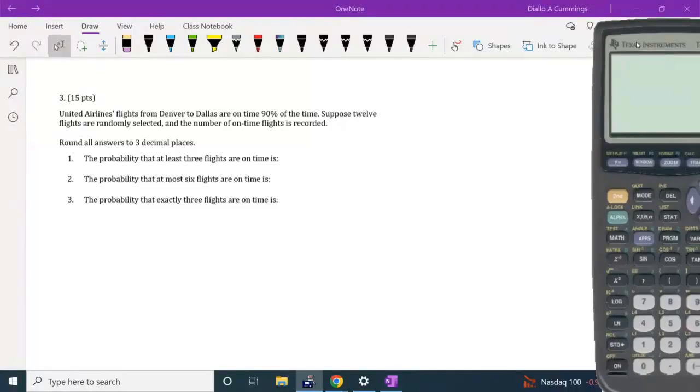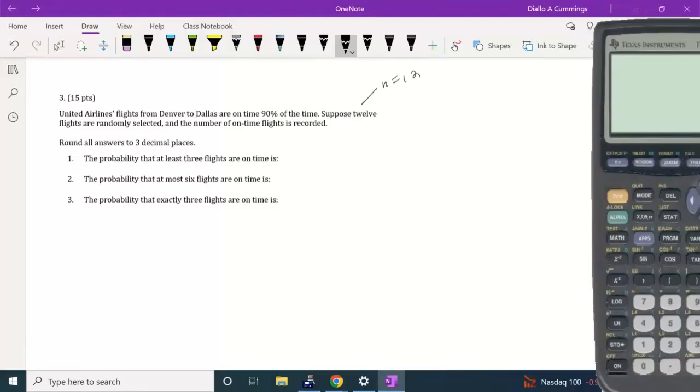Right? So what type of distribution is it? Well, if we check for a binomial, we do have how many outcomes? Well, the flight is either on time or it's late. Right? So those are the 2 outcomes. We're given a fixed number of trials. The fixed number of trials here is what? 12.